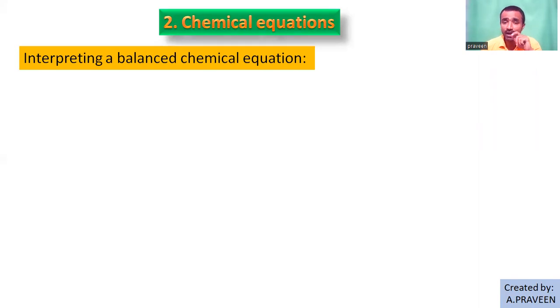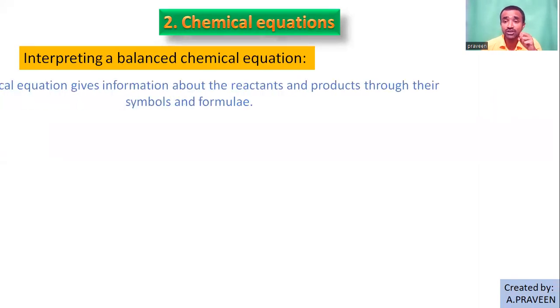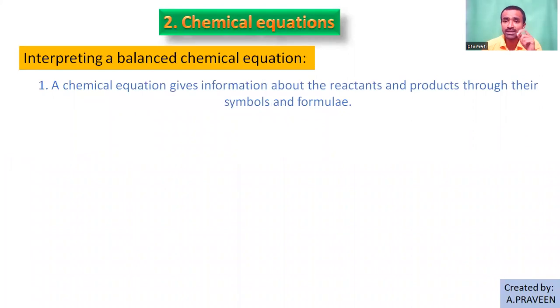Simply, the chemical equation gives information about the reactants and the products through their symbols and formulas. So you are able to get such information regarding reactants and products, and regarding their formulas also, right?